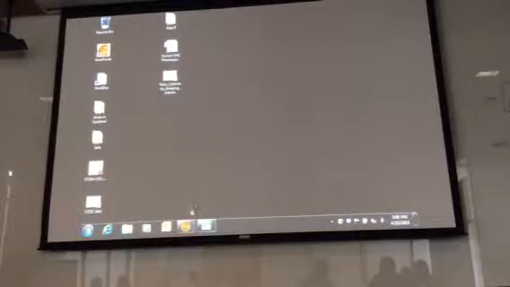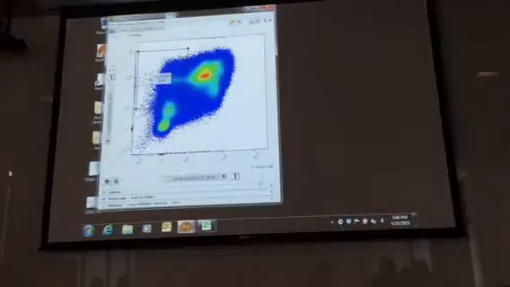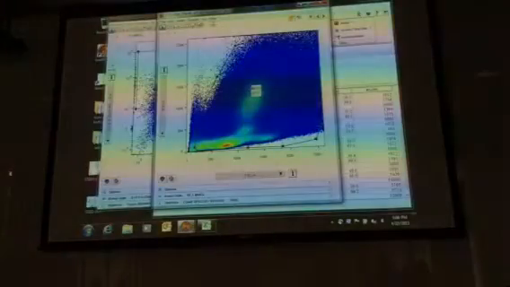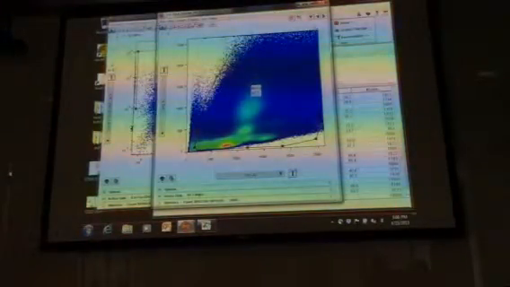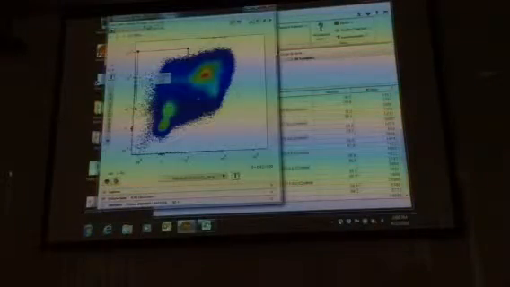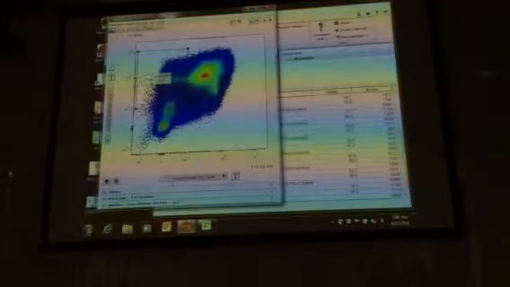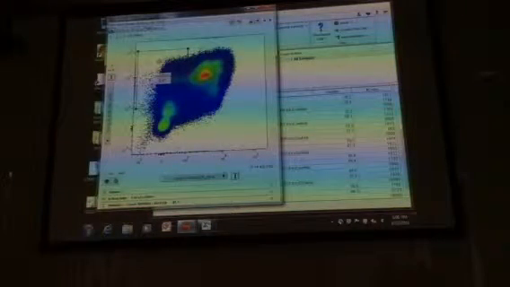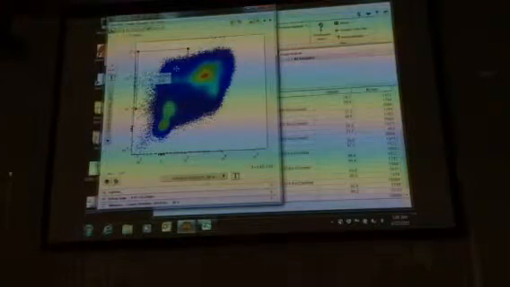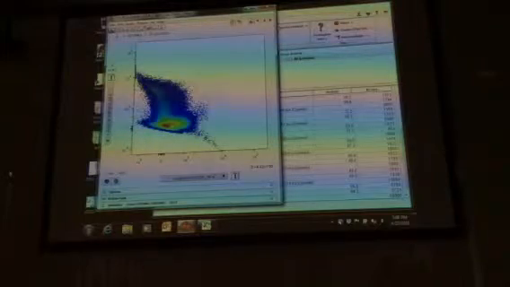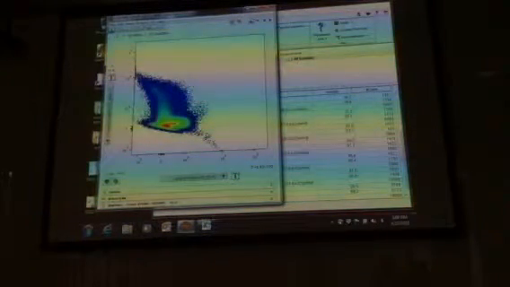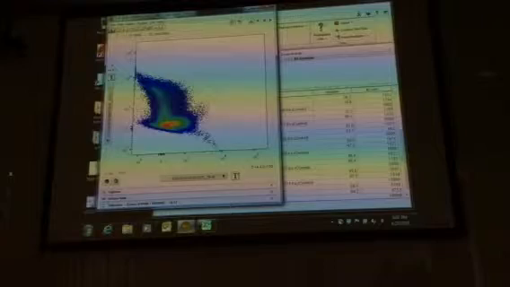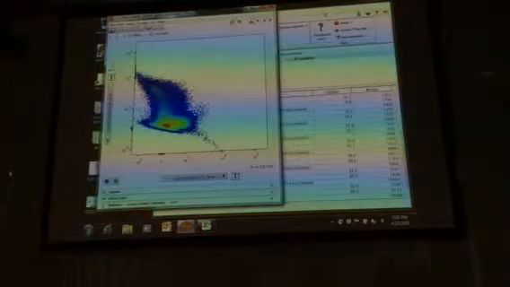So the next question is, how do we do it? Okay, so we went from our mononuclear cells. From this, we then went to our Lin negative CD45 cells. These are Lin negative CD45 positive cells. If we double click on this, then what we want to look at is CD34 and CD38.